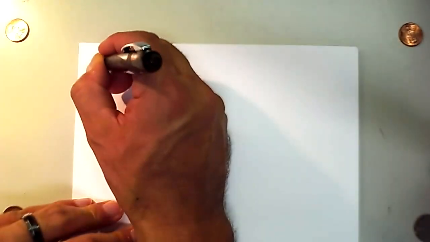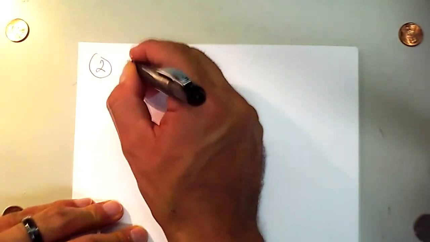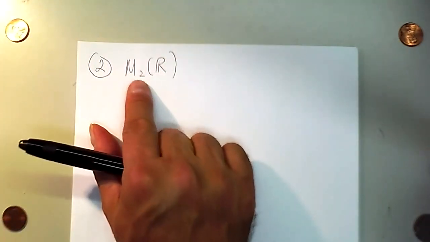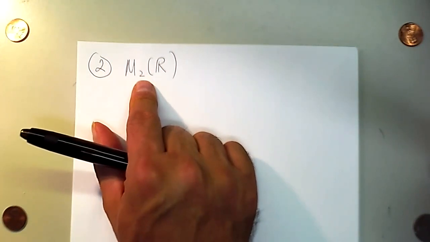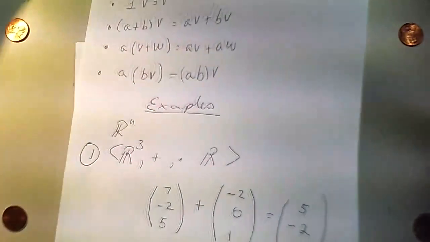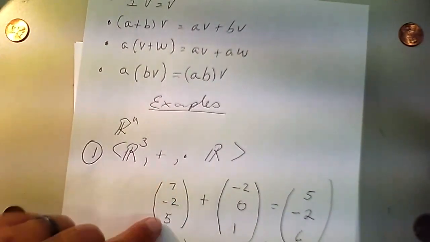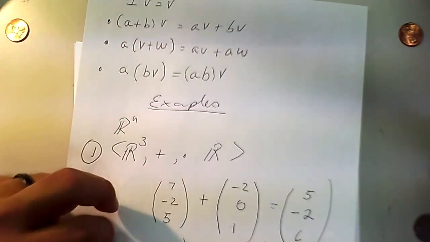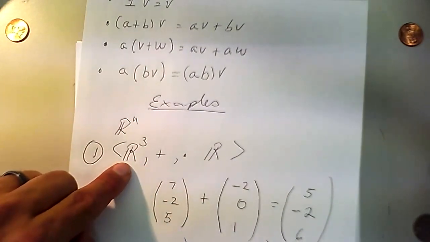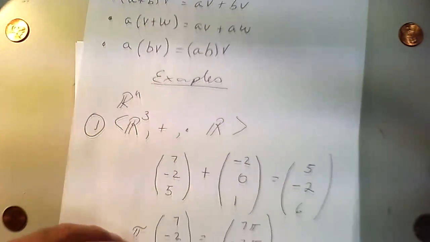Another example is, for instance, the set of 2 by 2 square matrices. So this 2 implies 2 by 2 real matrices. That's a vector space. Oh, before I move on, we can say more about the previous vector space. The dimension is 3 because we can find 3 vectors that span R cubed that are linearly independent.